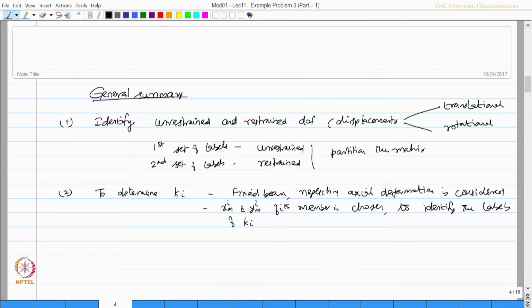So, once Ki of all the members are found out, then we partition the K matrix of the entire system and obtain only the K unrestrained matrix, then invert this matrix.